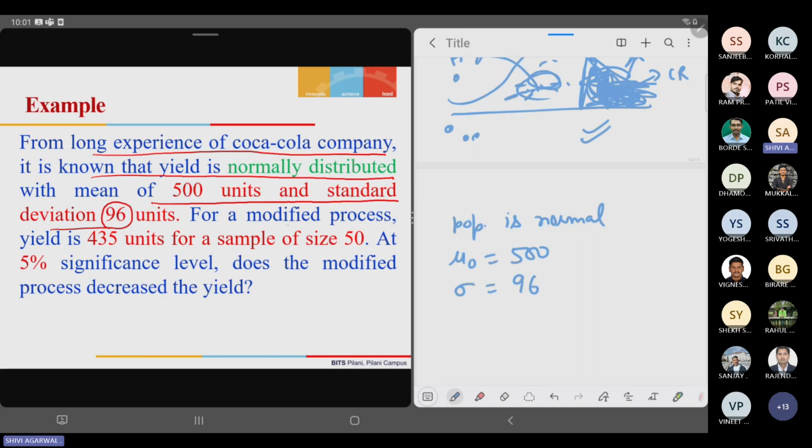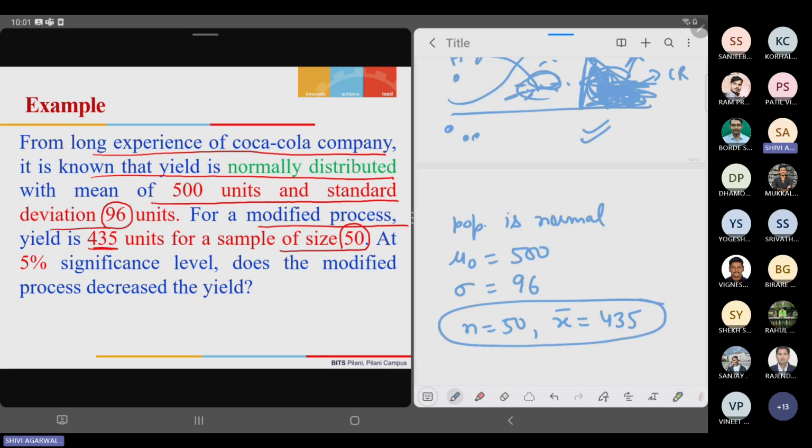For the modified process, X bar comes to 435 for a sample of size 50. So n is taken as 50 and X bar is 435, from the sample.